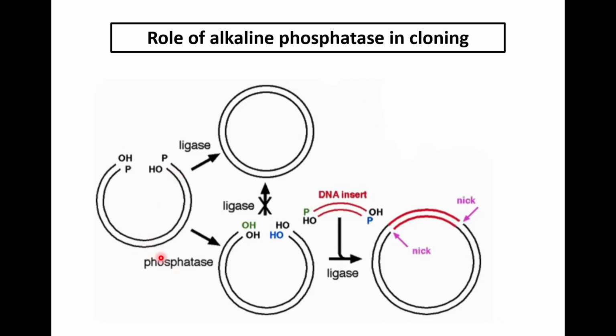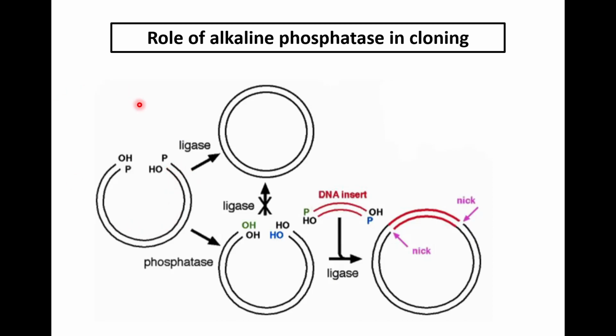Once you restriction digest your vector, there is a free 3' OH group and a free 5' phosphate group at the ends of your vector.